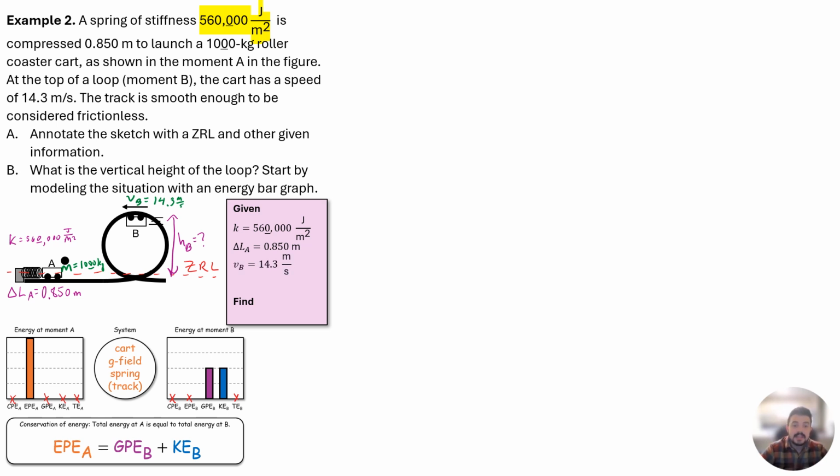I know that the speed at moment B is 14.3 meters per second, and it's not explicitly stated in the problem, but most roller coasters I'm aware of are on Earth, and so the gravitational field strength that's relevant for this problem is 9.81 joules per meter kilogram. And we're trying to find the vertical height. The height at moment B is our unknown. So now I have a nice organized list of things to refer back to. It's just way easier if you do that. So, the givens and finds.